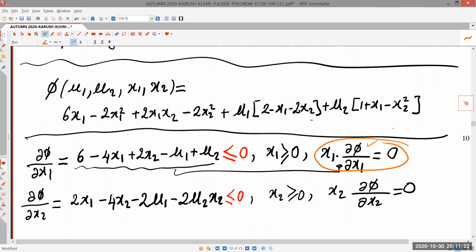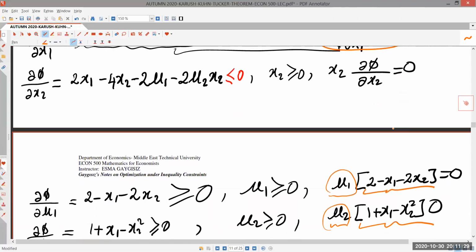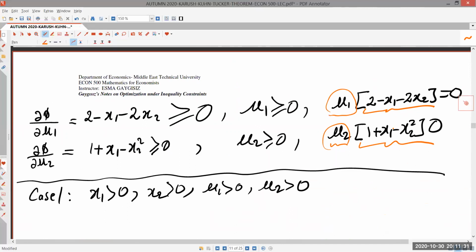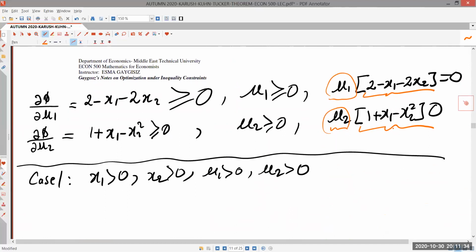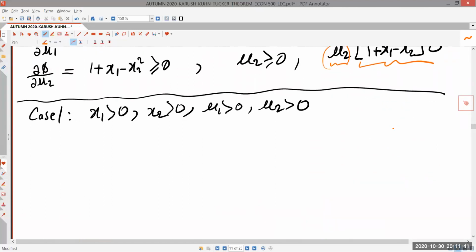The first order derivative of phi with respect to x1 must be equal to 0. And the same is true for the first order partial derivative with respect to x2 as well. And if I just write these conditions here, in this case, case 1, the requirement is that this one is equal to 0, so that the first constraint binds.